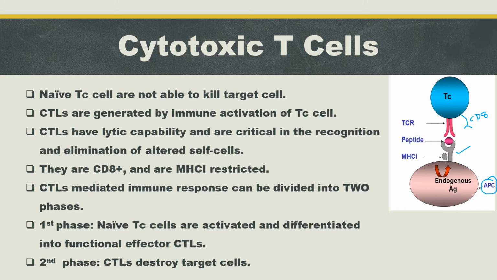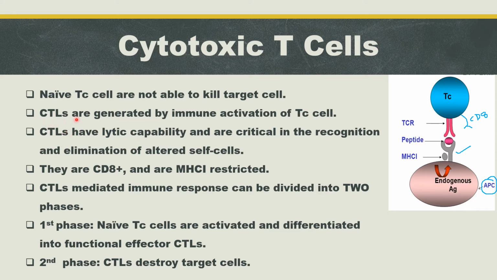But these naive TC cells are not able to kill any target cells. After activation and differentiation with the help of antigen, this TC cell will become an effector T cell with cytotoxic activity, and that cell is able to kill target cells. Such effector TC cells are known as cytotoxic T lymphocytes. So, naive TC cells are not able to kill target cells.